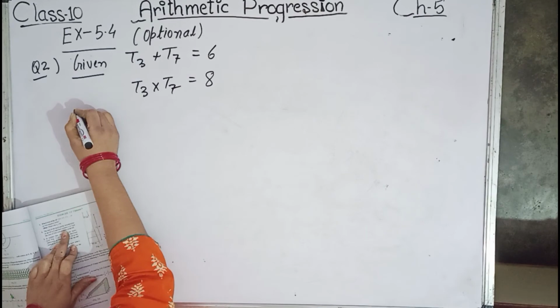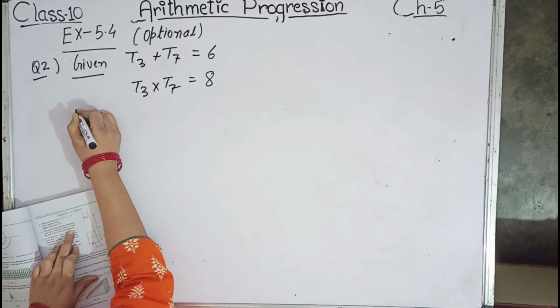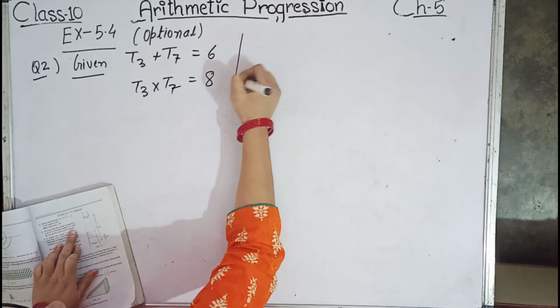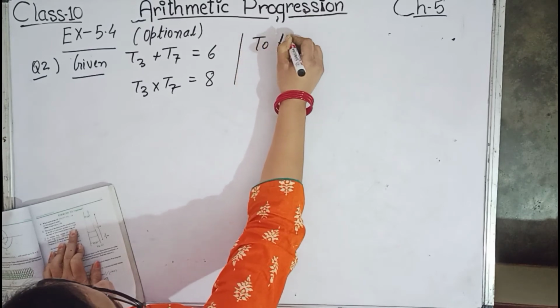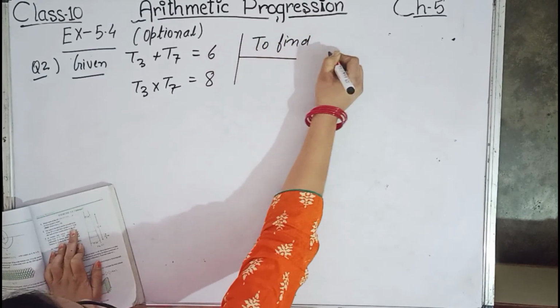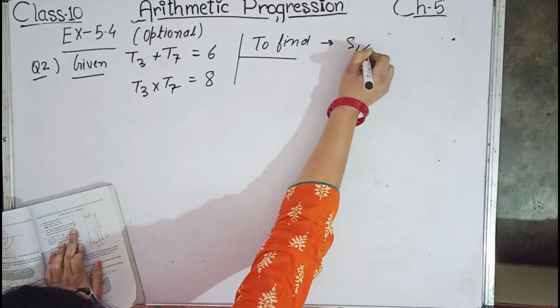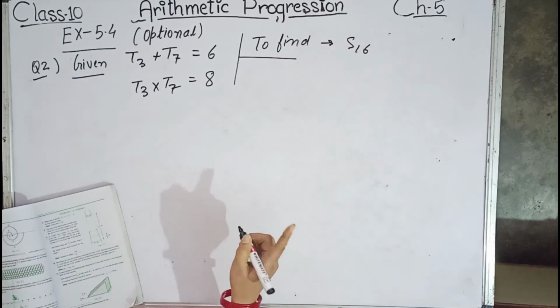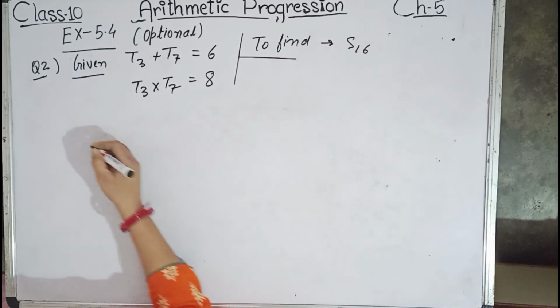And what we have to find? Find the sum of the first 16 terms of the AP. So what we have to do? To find S16, the first 16 terms of the AP. So we have to find S16.